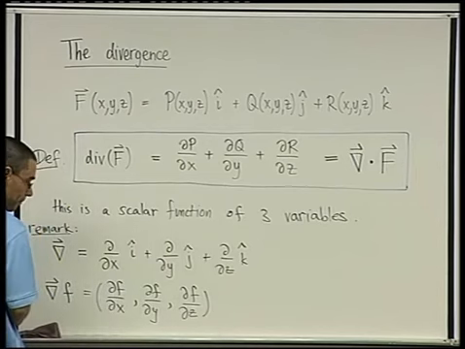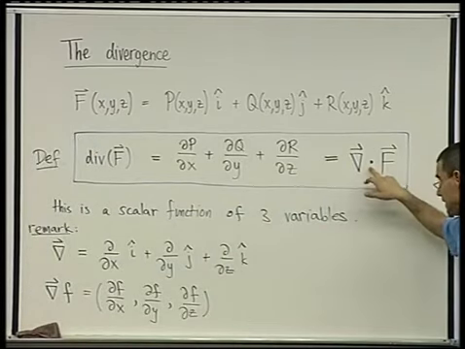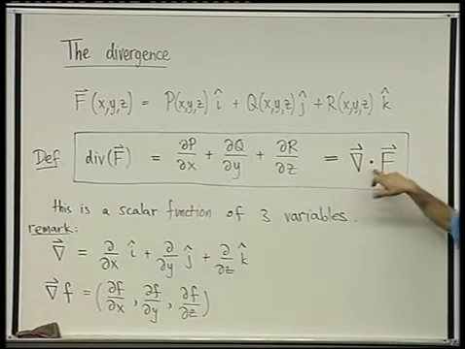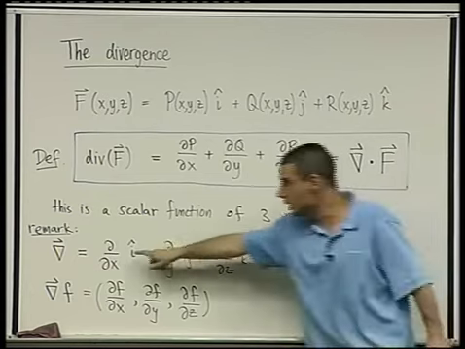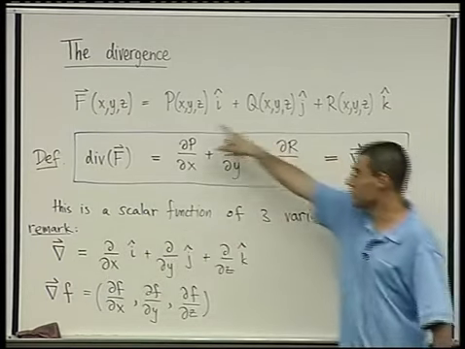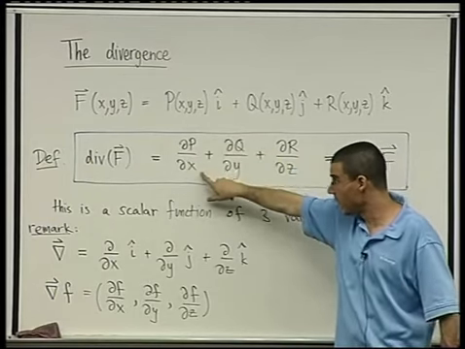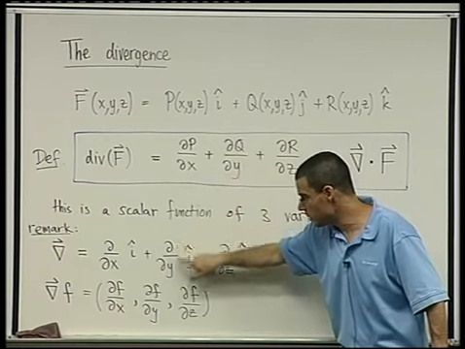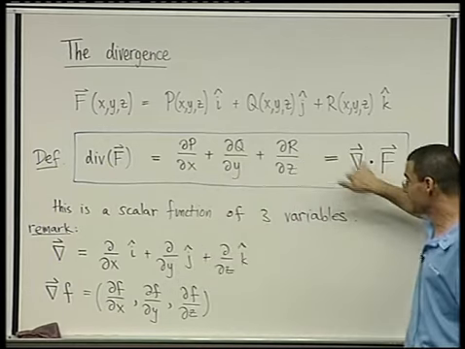It's this thing. When you apply it using the dot, when you dot it with a vector field, and this is just notation, what you're doing is you're taking the derivative with respect to x dot the first component of the field, p. So you get dp to dx, plus the derivative with respect to y, that's the j component of this operator, dot q.